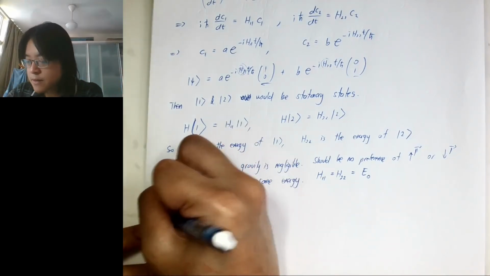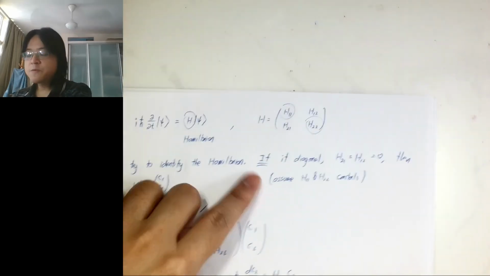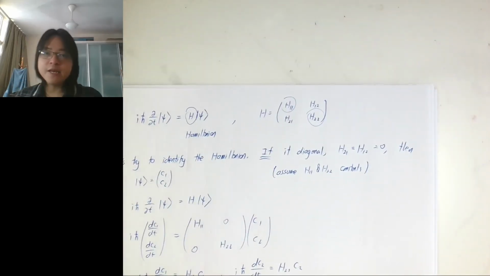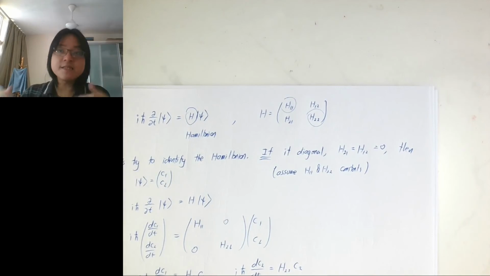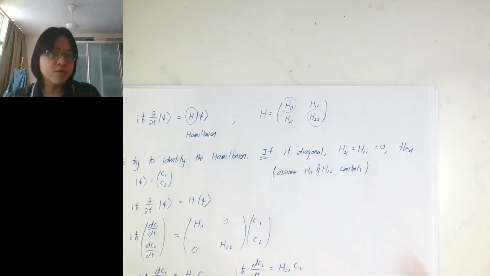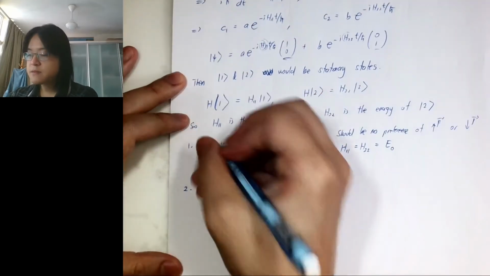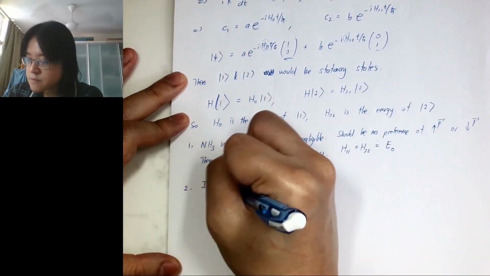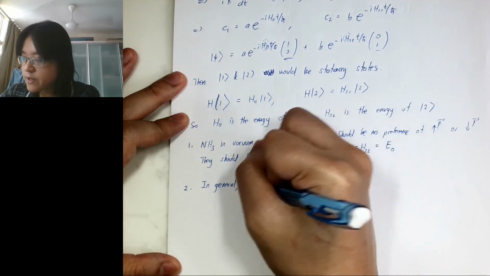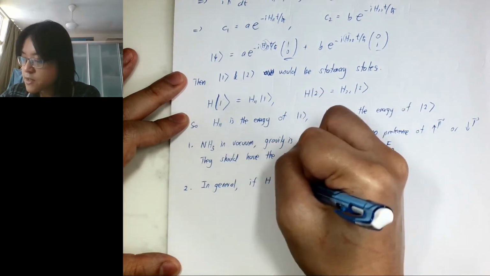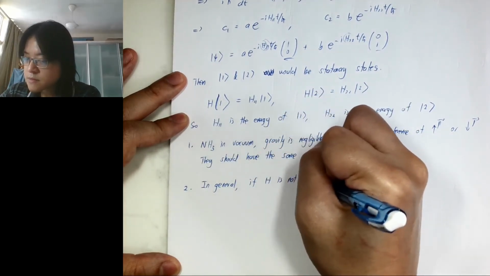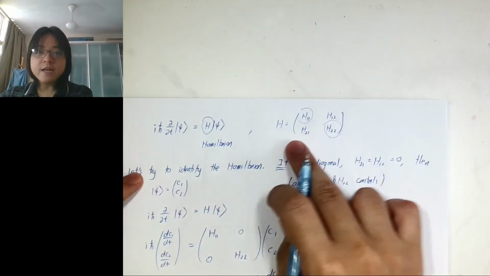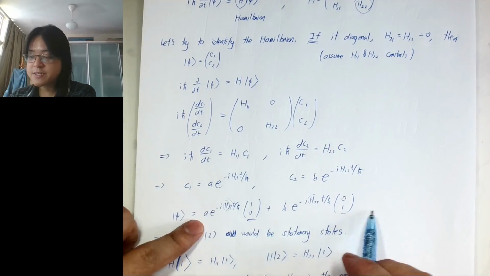And then how about the off diagonal terms? We are saying this is the situation where H is diagonal. We only say if, we suddenly make this assumption out of nowhere. So if it's not diagonal, then this might be the case. In general, if H is not diagonal, that means, if the diagonal term gives a stationary state, it will remain at this state.